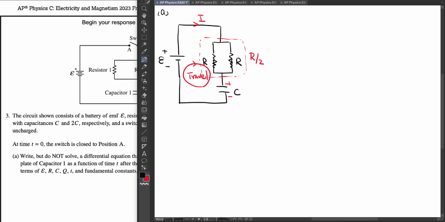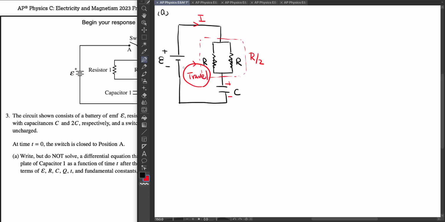The reason we choose this direction is that as we go along the circuit, the potential will either increase or decrease. For example, for the EMF here, if I go this way, the potential increases, because we go from the negative terminal to the positive terminal.